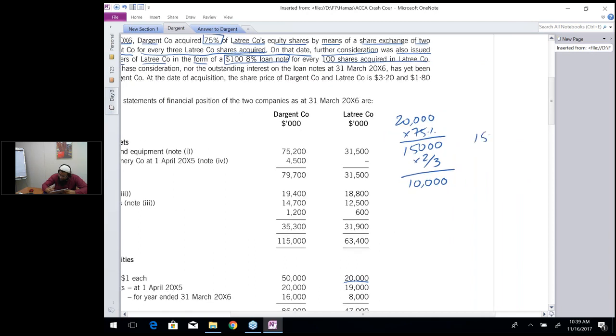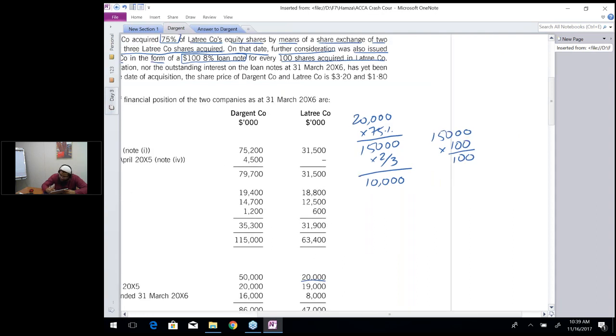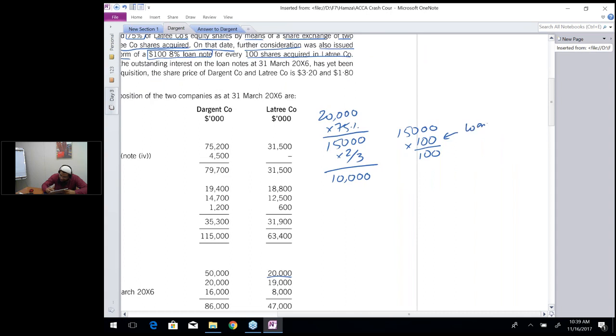We have acquired 15,000 shares, and we have issued a $100 loan note for every 100 shares. So this means that we have also issued loan notes with a consideration of $15,000, along with the 10,000 shares.